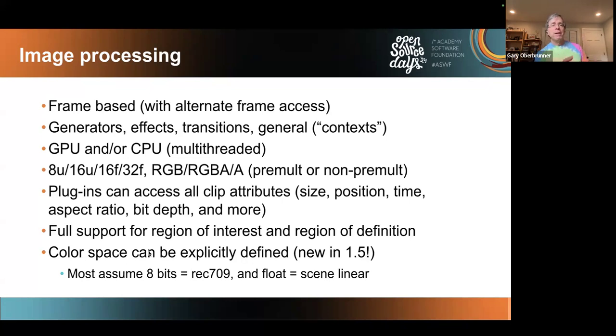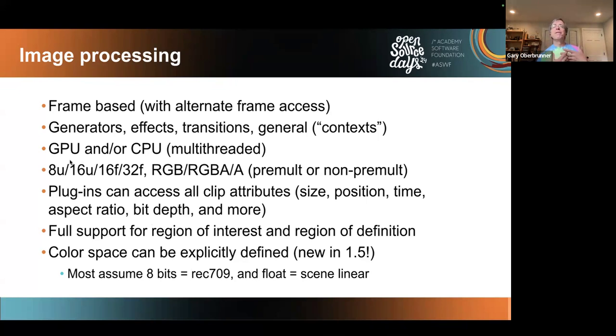Supports 8-bit, 16-bit, 16-bit float or half float, 32-bit float, RGB, RGBA, alpha, pre-mult, non-pre-mult, so pretty much anything that you want. And I will say at that point that not all hosts support every combination of those images, and not all plugins support every combination.